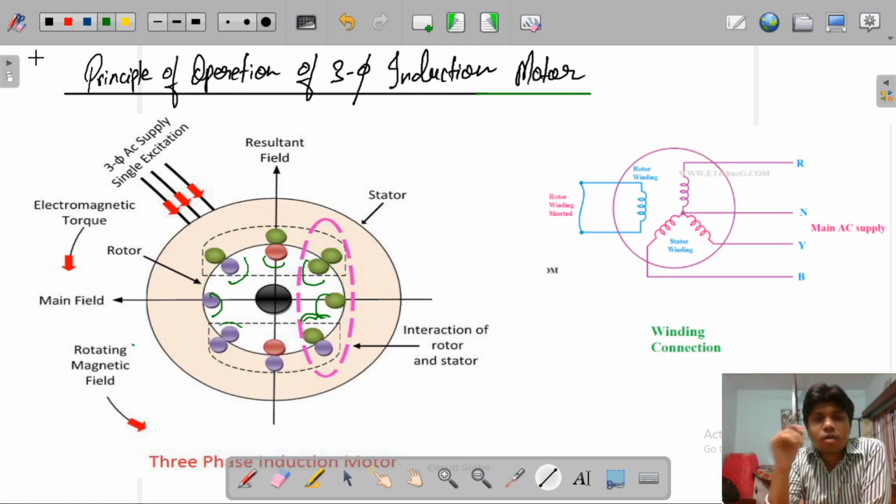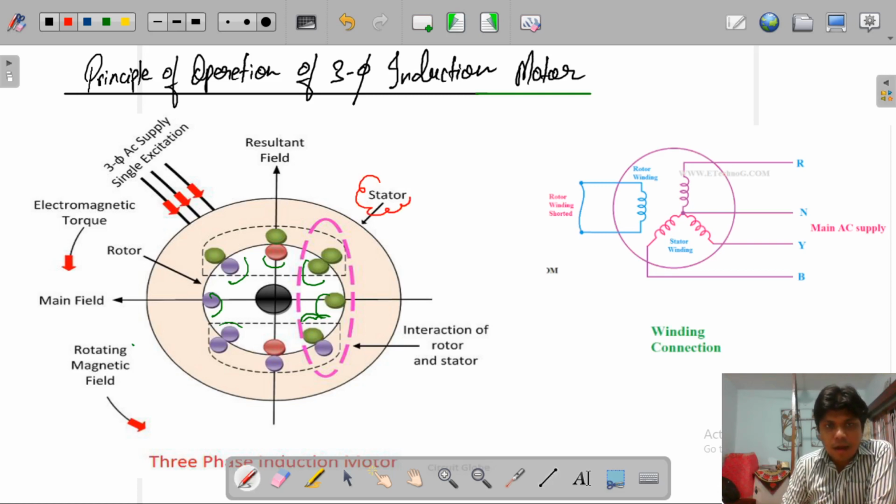So let's have a look at the schematic diagram of a three-phase induction motor along with the winding connection. As we know, the induction motor consists of two major parts. One is the stator and another one is the rotor.